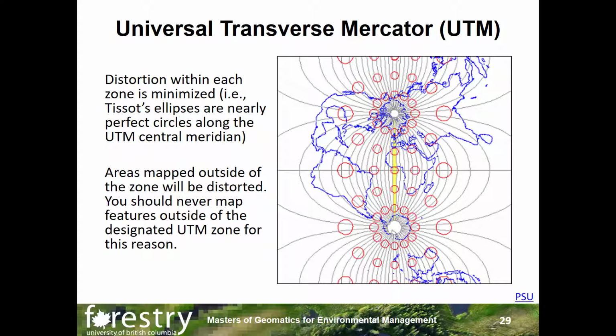We can map the entire world in any UTM zone, but this figure shows how distorted the rest of the world becomes when you are mapping outside of your local UTM zone. You'll notice that the indicatrices are perfect circles along the central meridian of the UTM zone, which is what we expect. This is where the transverse cylinder is tangential to Earth.